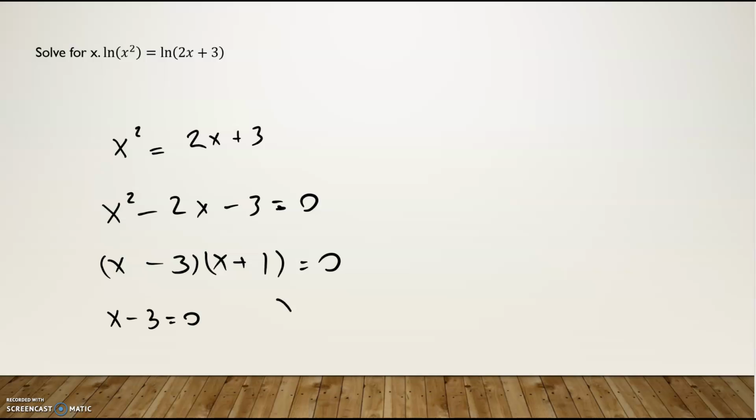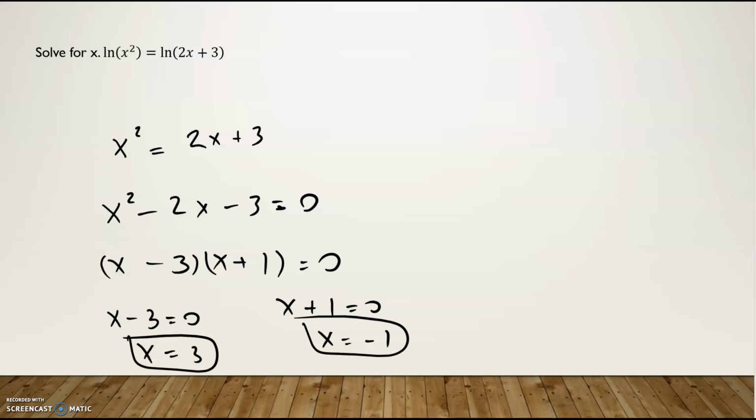So it looks like we have x is equal to 3, and x is equal to negative 1. Okay, now when I plug these back into the original equation, even though this is a negative x, when you plug it back into the original equation right here, it will give you a positive value within the parentheses. So they're both the answers here.